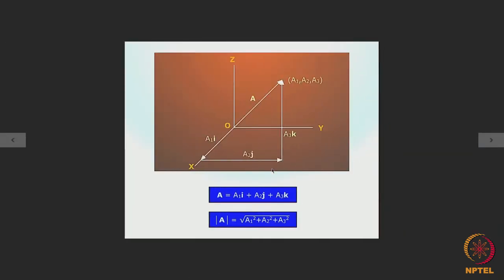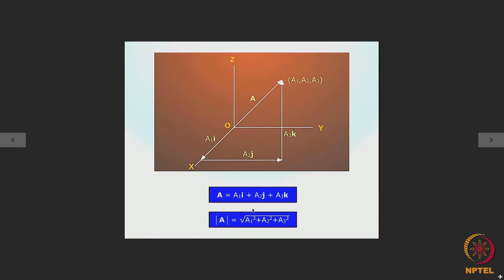Now, any vector in real space can be resolved into three components along x, y and z. If i, j and k are the unit vectors along the directions x, y and z, then a vector A can be resolved into the three components, namely A1i, A2j and A3k.